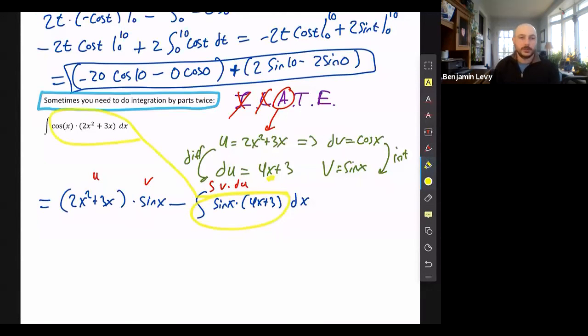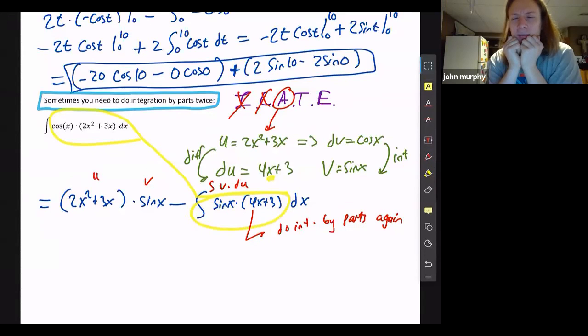It was a trig function times a polynomial. It's just slightly better because at least it's not a quadratic. It's not a power of 2, it's just a power of 1. And so we can imagine when we do integration by parts again on that piece, the linear function is going to go away, or at least become a constant, and then it'll work the second time. So that's the sort of thing that I am talking about.